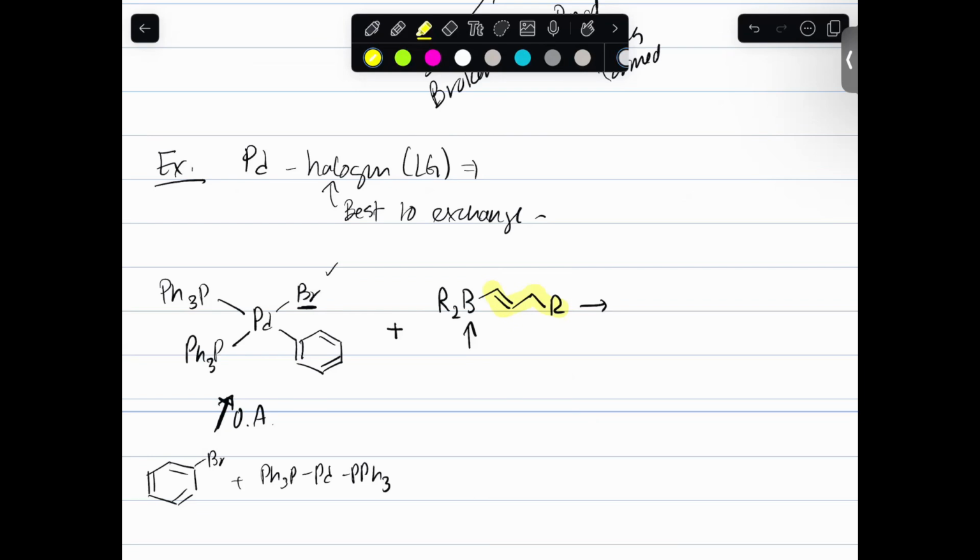So you have your transmetallation, where the boron and the palladium exchange ligands. So the vinyl group took over where the bromide was on the palladium, and the boron is now bonded to the halogen. So they've exchanged ligands.